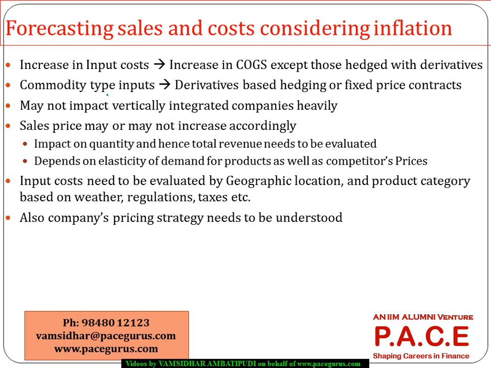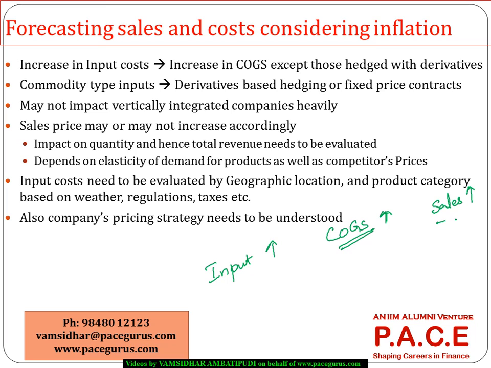Especially if inflation is present, we have already discussed, the input costs can typically go up. Right? If inflation is present, input costs will go up, which means the COGS will go up. That's a normal scenario. But a few more things here. If the COGS is going up, one thing is I may even increase my sales price also.